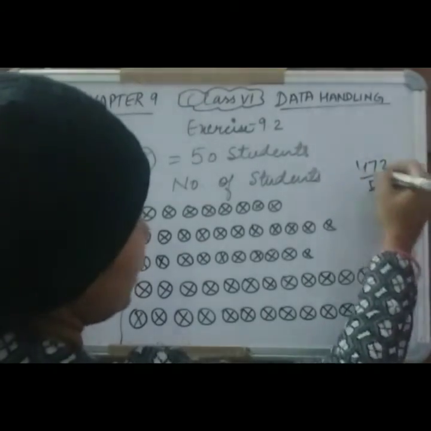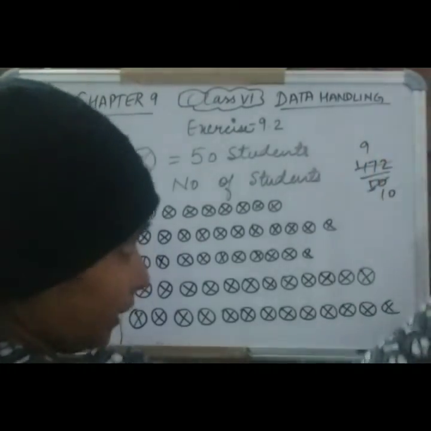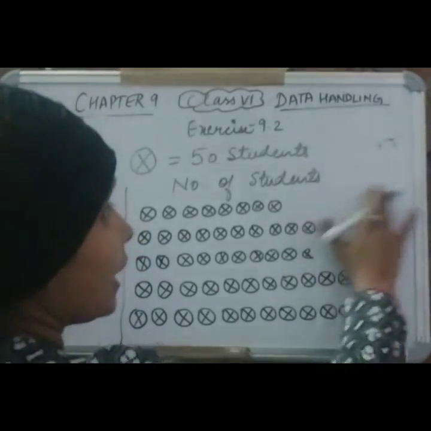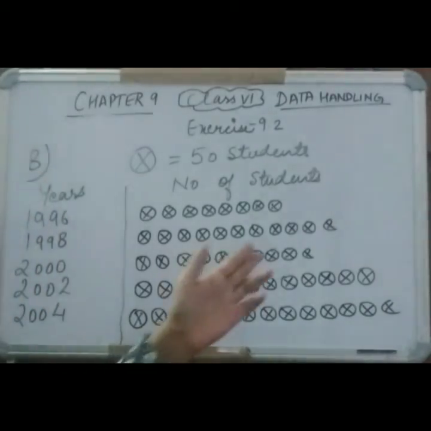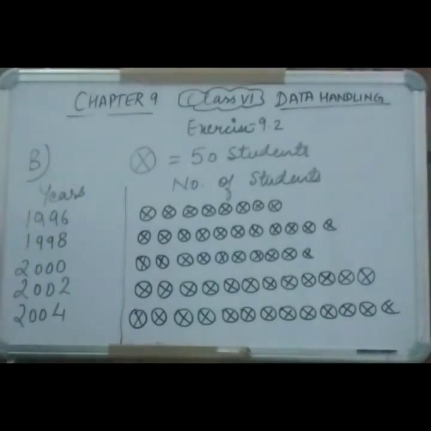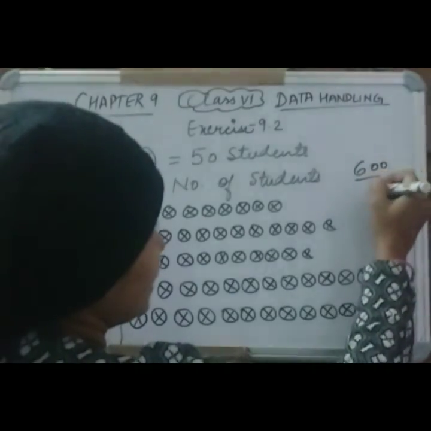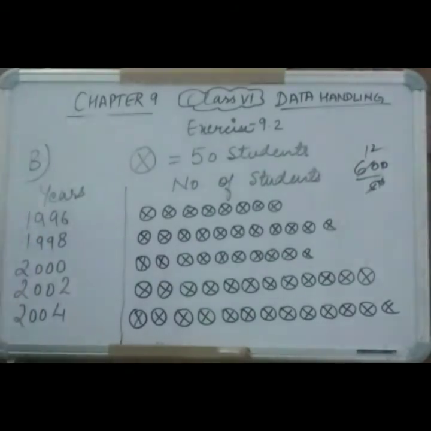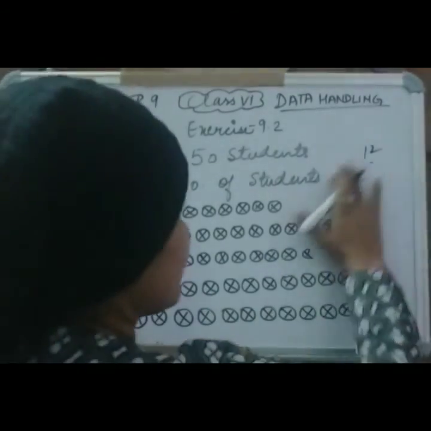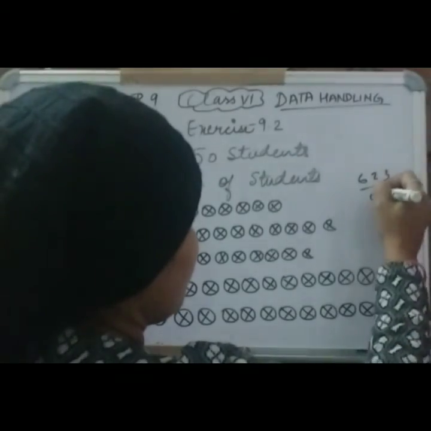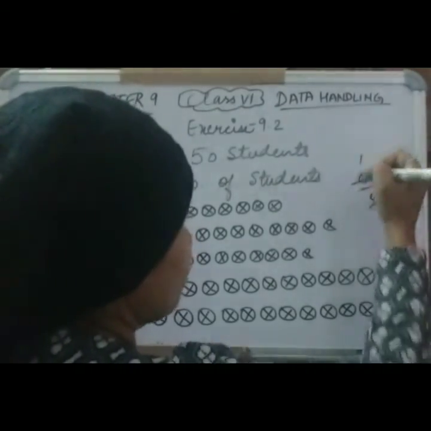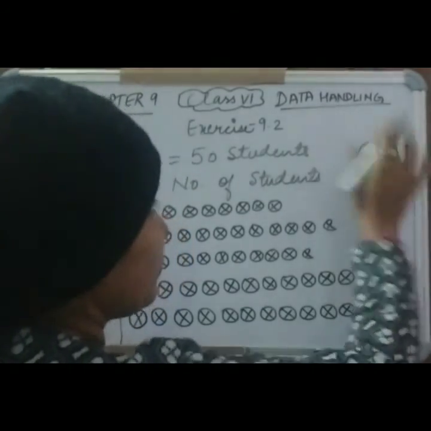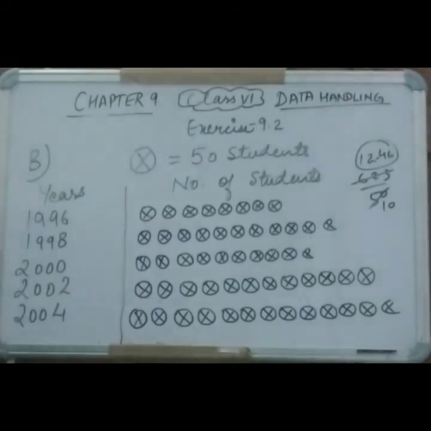Again divided by 50, it is 9.44, means 9 complete symbols and 1 incomplete symbol. Next is 600. 600 divided by 50 will be 12 complete symbols. Last one is 623. 623 upon 50 is 12 complete symbols and 1 incomplete symbol.